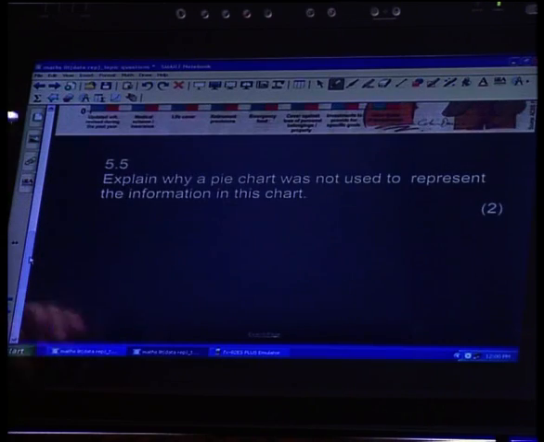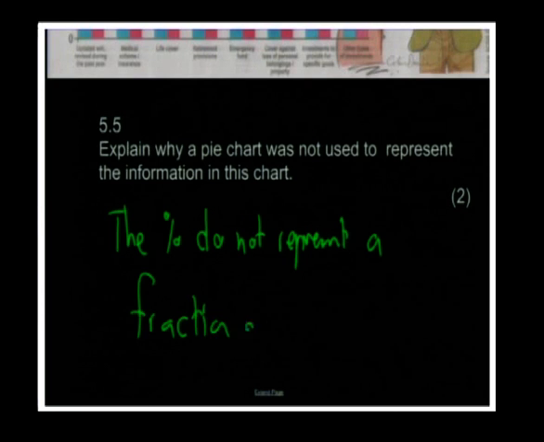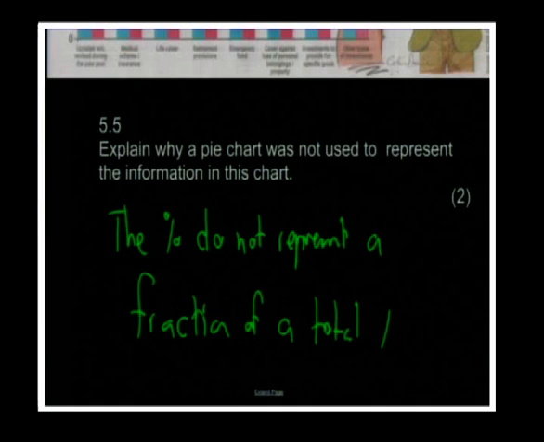So to answer this question, we need to say the percentages do not represent, and here's a good word to use in this answer, a fraction of a total percentage. That's why the pie chart in this case will be of no value to us in this diagram.